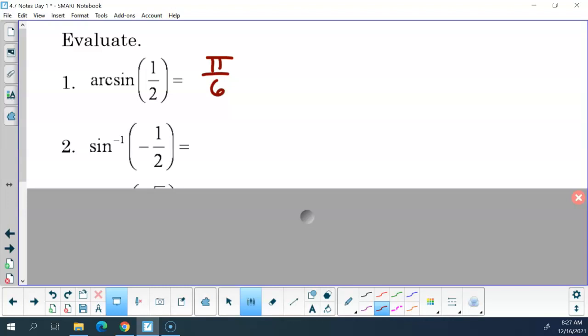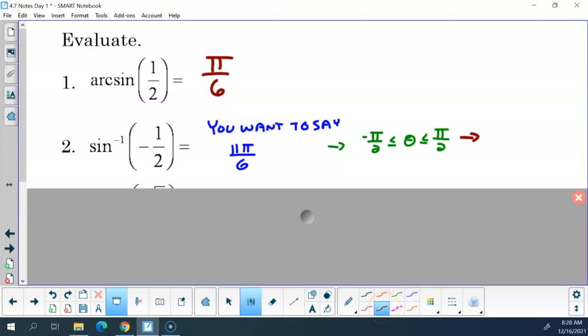You want to say 11 pi over 6, but my output has to be in that range. So the answer here, instead of 11 pi over 6, is negative pi over 6.